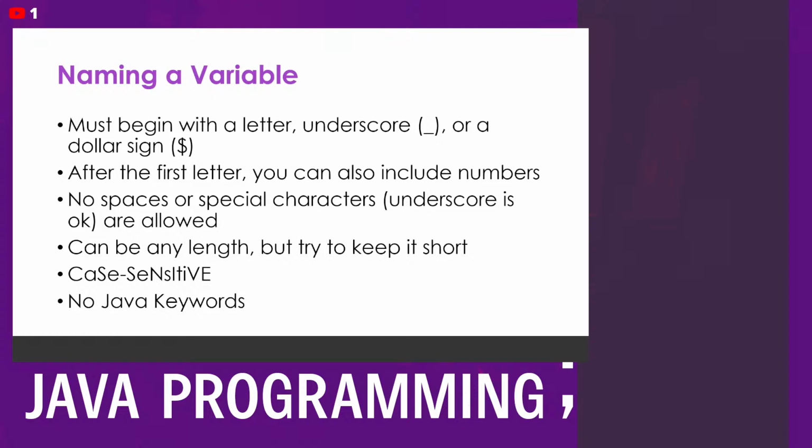We can't start a variable with a number. We can put a number inside of our variable name or at the end of our variable name, but we cannot start a variable name with a number. Basically, the reason why is that our interpreter, especially as we're getting started, runs our program top to bottom, left to right.